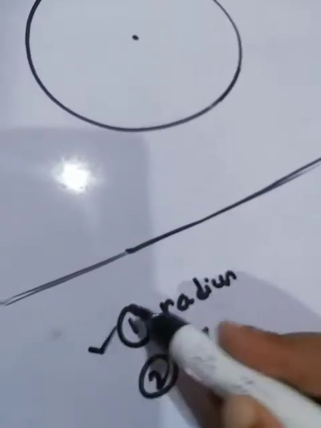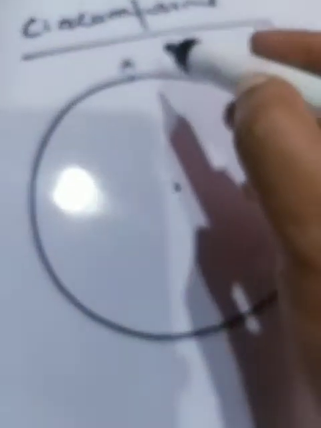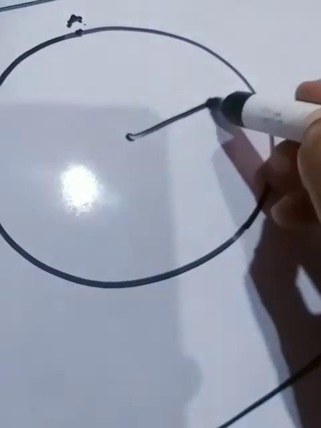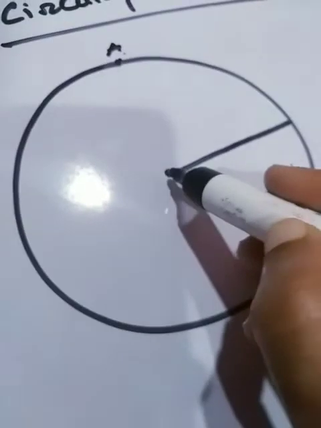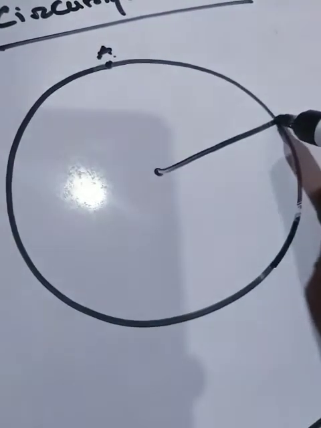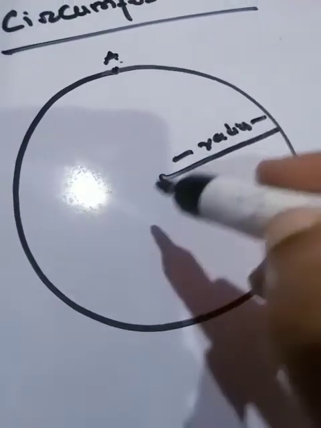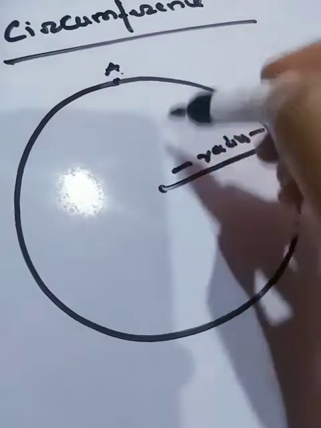Now first we'll learn about radius. What is the radius? If this is a circle, the length from the center to the circumference is called radius. So millions of radii you can draw.